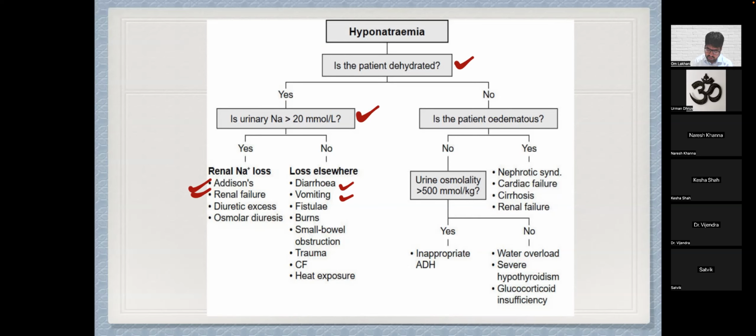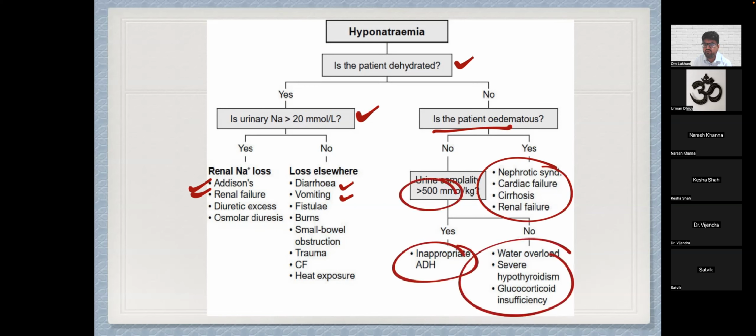Now, if the patient is not dehydrated, see if the patient is edematous, if the patient is hypervolemic. If the patient is hypervolemic, think of heart failure, cirrhosis, renal failure, etc. If the patient is not having heart failure, think of other causes, and then look at urine osmolarity. If the urine osmolarity is more than 500, think of SIADH, but if it's not, then think of other causes like hypothyroidism and adrenal insufficiency.